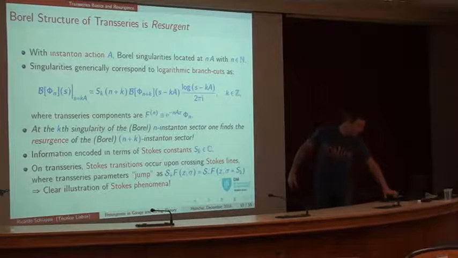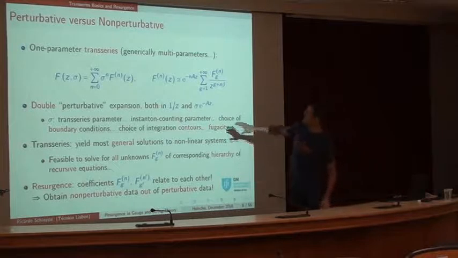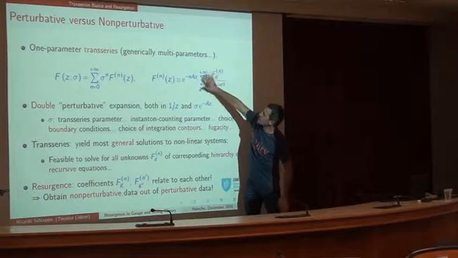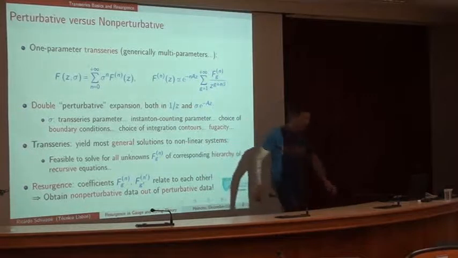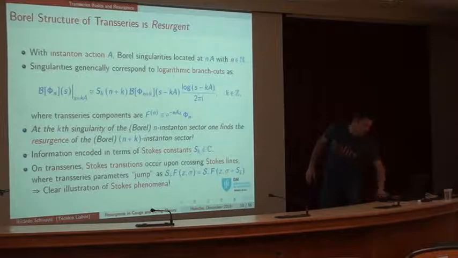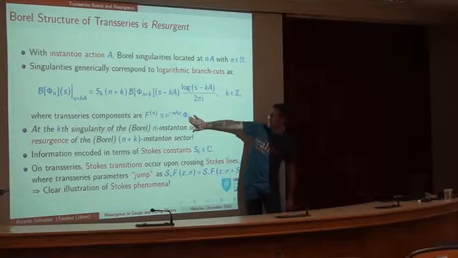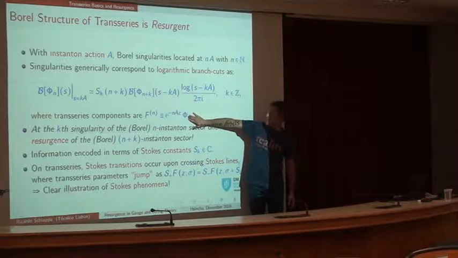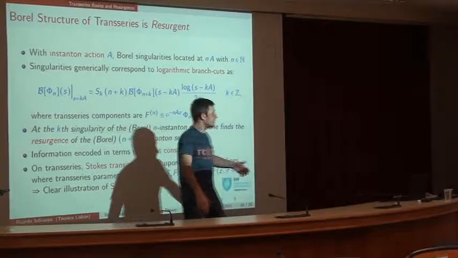So let me explain what I have here. I'm just using the power series here. They're all asymptotic for all instanton sectors, and I'm calling them capital phi in this way. And if all these capital phi's are asymptotic, they will all have Borel singularities.